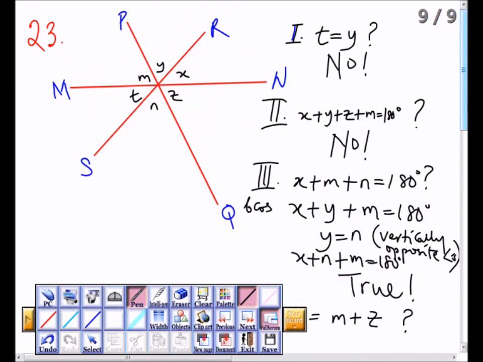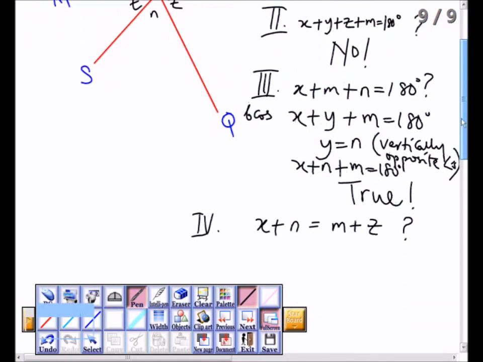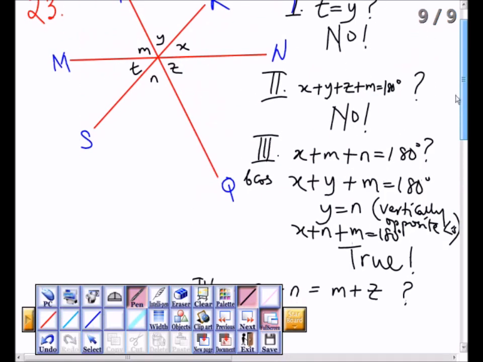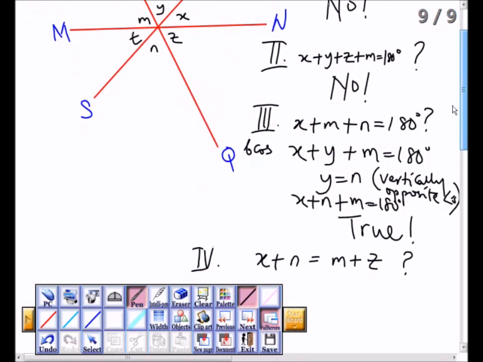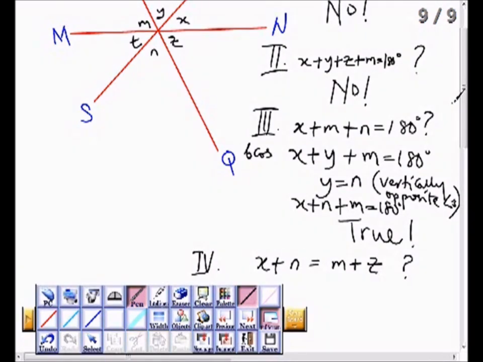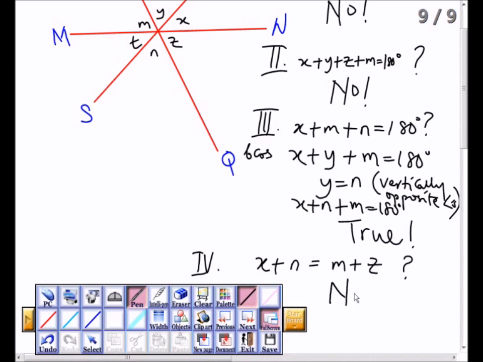The sum of x and n can only be the sum of t and y respectively, because x and n are both equal respectively to t and y, because they are vertically opposite angles. And therefore we conclude that x plus n can never be equal to m plus z.